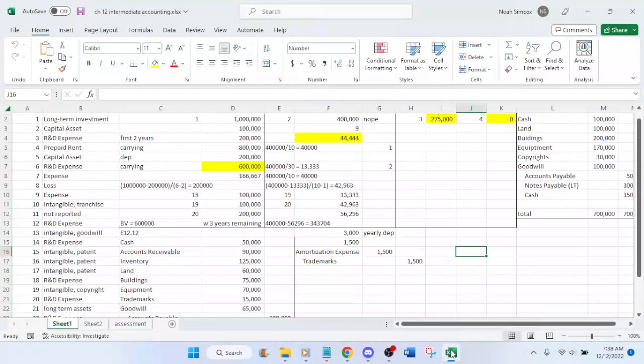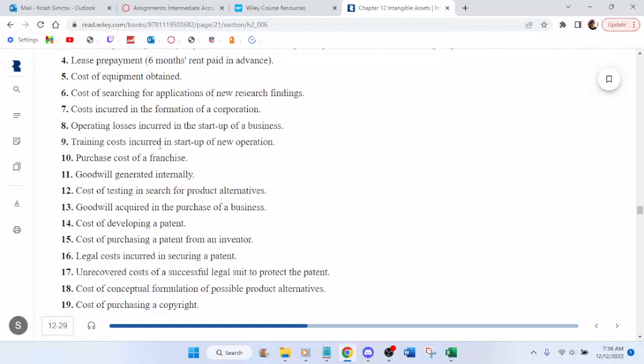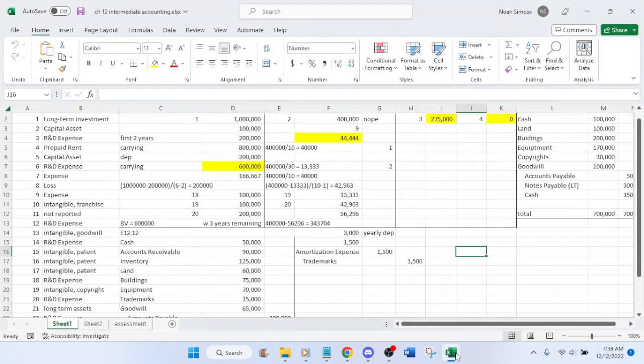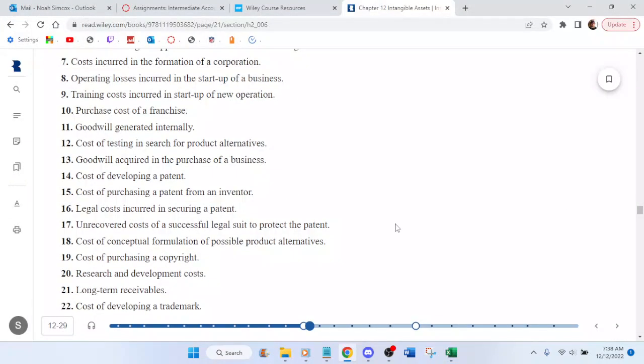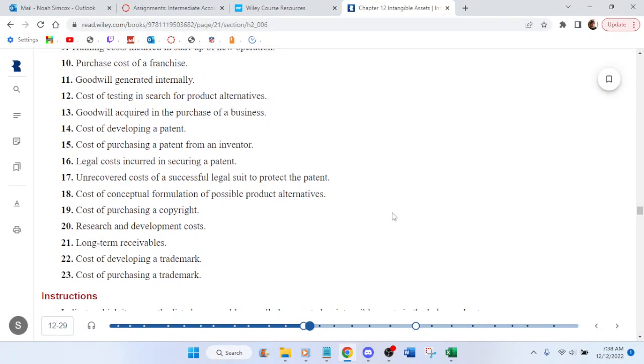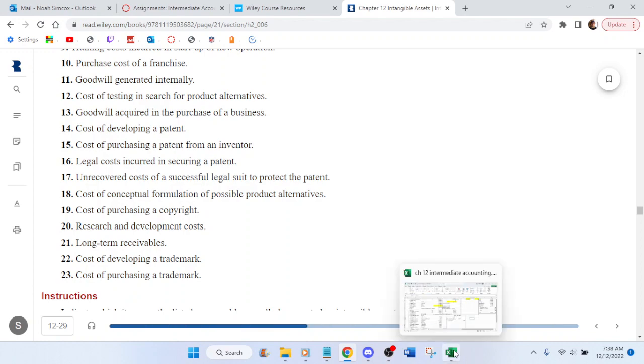Right? 8. Well, he calls it a loss. That's fun. Number 9. Training costs incurred in startup. That's going to be startup expenses. And then 10. Purchase cost of a franchise is going to be franchise, intangible asset.